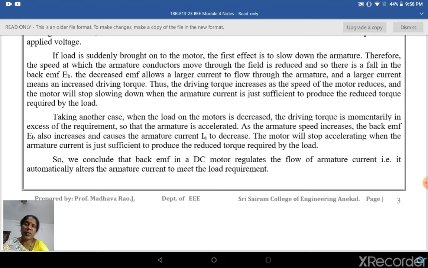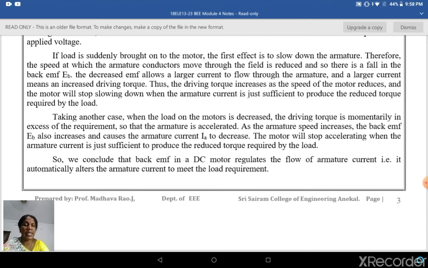Taking the other case, when the load on the motor is decreased, the driving torque is momentarily in excess of the requirement. Naturally the speed can increase, and the armature is accelerated.